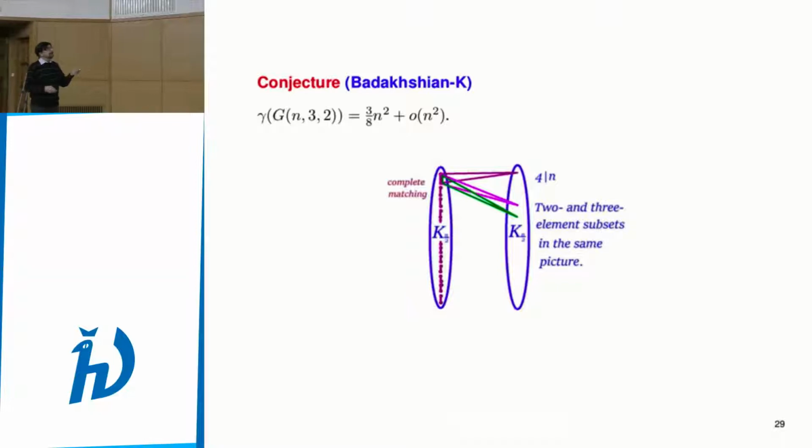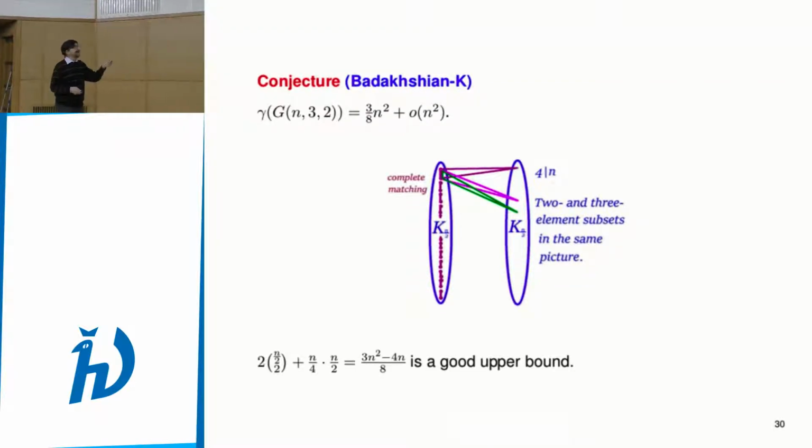And I won't waste time showing that this will give this number. Oh, I did. So n half choose 2 times 2, plus we have n over 4 edges here, and to every one we have n over 2 third points. Now you believe me.